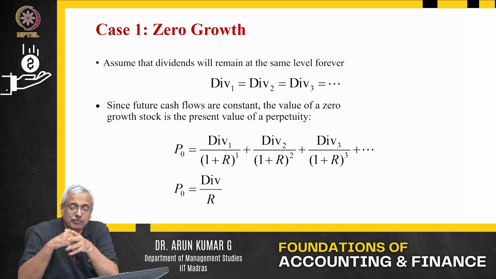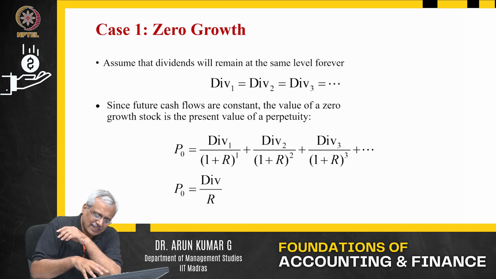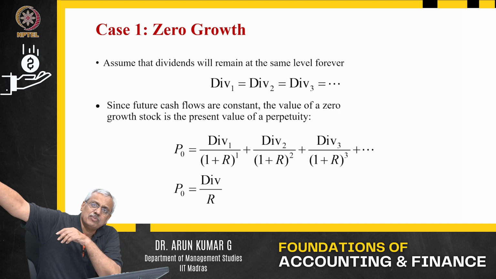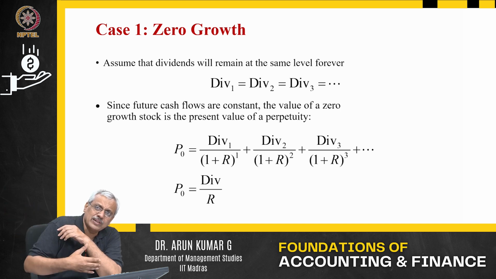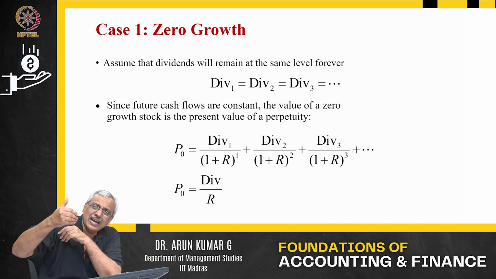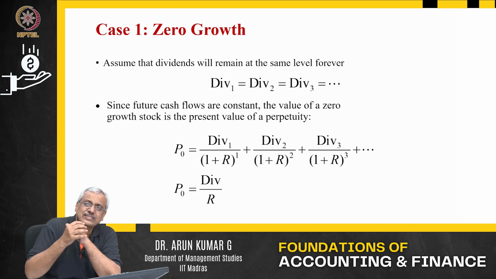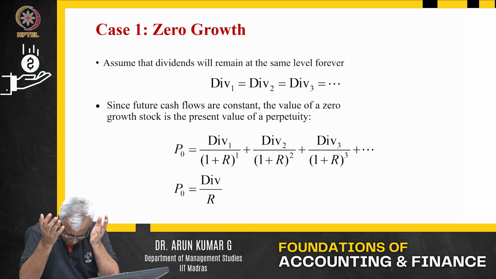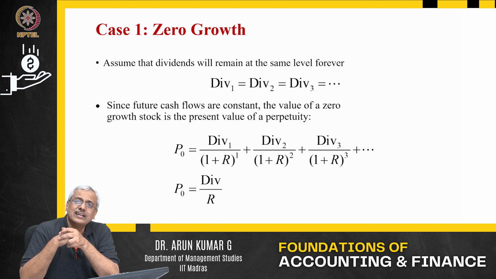So in this base case, that is dividend in year 1 plus dividend in year 2 plus dividend in year 3 plus dividend in year n, all discounted to the current rate. That's what we say: dividend divided by your discounting rate.